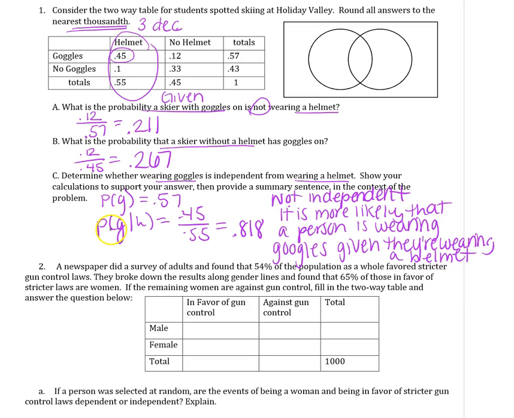So as long as you read this given line exactly how the notation reads it, you should be answering this fine. I got more likely from the fact that this probability increased from the 0.57. If it had decreased, I would have said less likely.